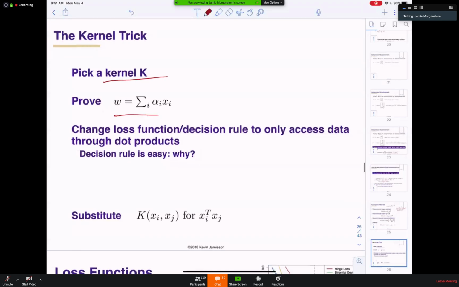You then prove that the optimization problem you're solving, in this case, the W that you want, is actually equal to some linear combination of your initial data. And then you change your loss function and your decision rule to only access your data, by which I mean our x_i, our feature representation, through dot products.